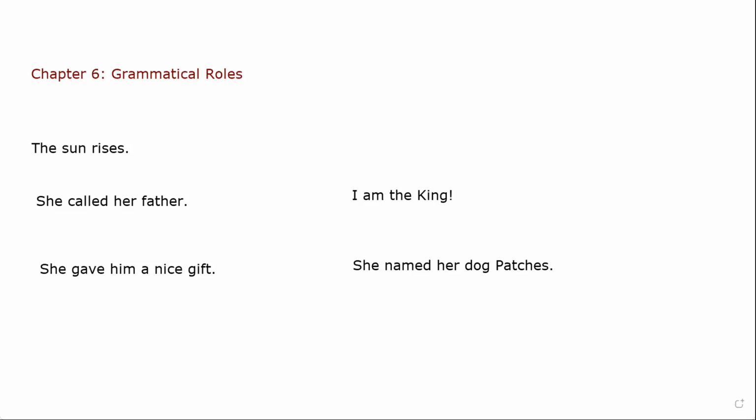Now let's quickly look at the pattern that we see going on with these 5 sentences. When we break down these 5 sentences into noun phrases and verbs, we can start to see some patterns. The first thing you'll notice is that the intransitive verb is the only one that isn't followed by a noun phrase.